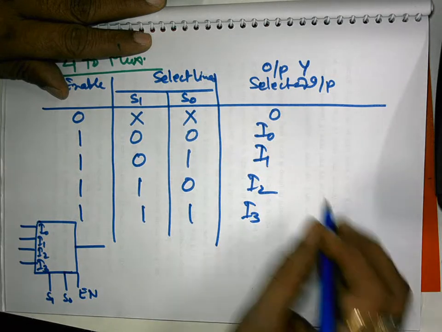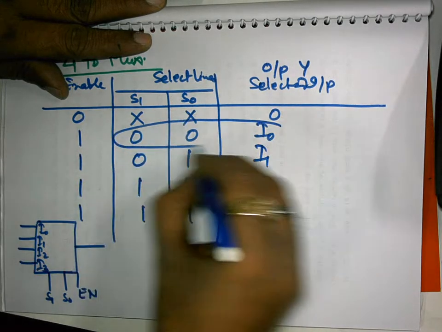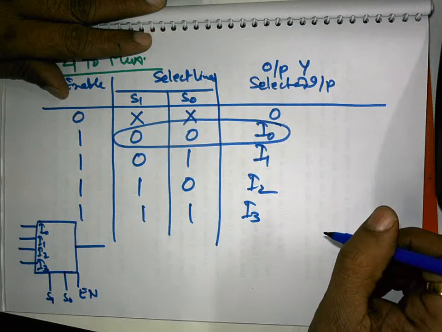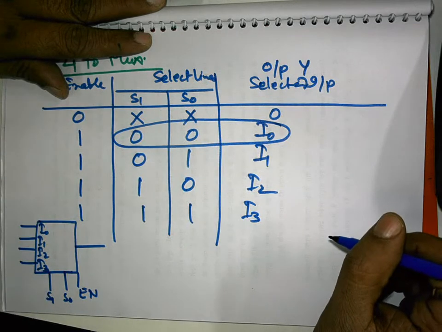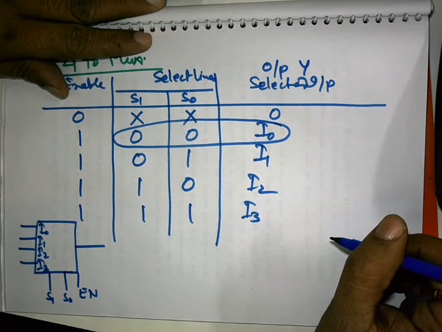So these are all inputs. I0 itself is an input, not output. Although it is correct that I0 appears at the output, it is also an input.